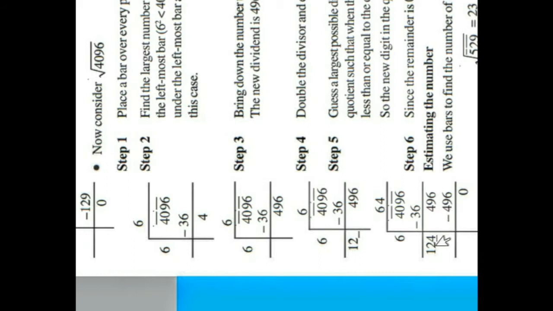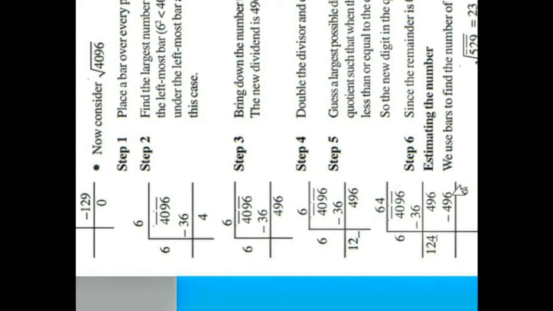So let us see here. Double the divisor, enter it with a blank on its right. So here we have doubled the divisor, that is 6 plus 6, 12. Guess the largest possible digit which also becomes the new digit in the quotient, so that when the new digit is multiplied by the new number, the product is less than or equal to the dividend. We should take such a number that multiplying by the same number gives this dividend. Here 124 into 4 equals 496.